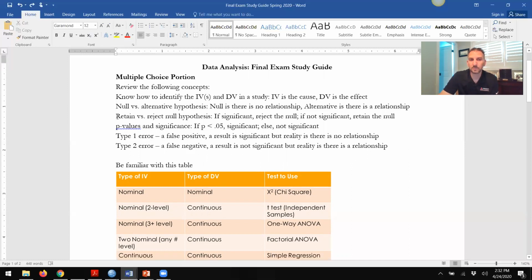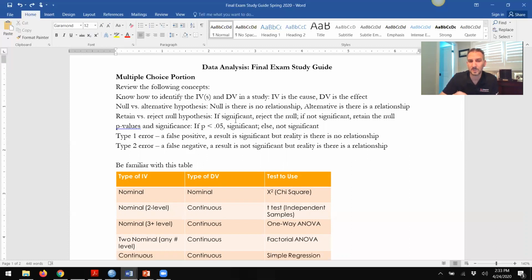This next point, retain versus reject null hypothesis. I think you guys have got this down by now, but again, good to review. So if you have a significant result, reject the null. If it's not significant, you retain the null. Again, when you think about what these statistical tests are, they're always about the null hypothesis.